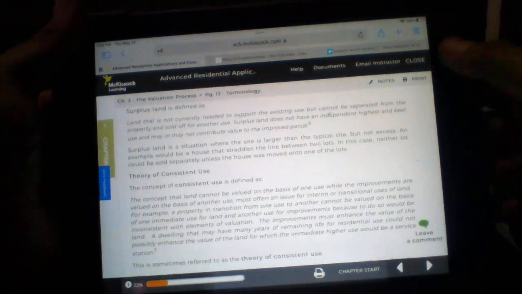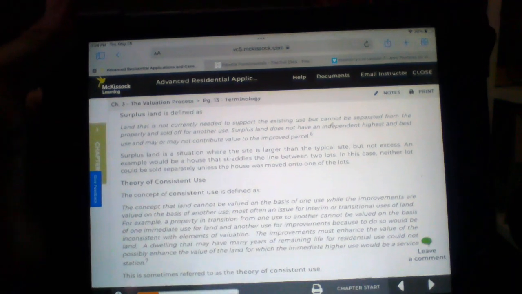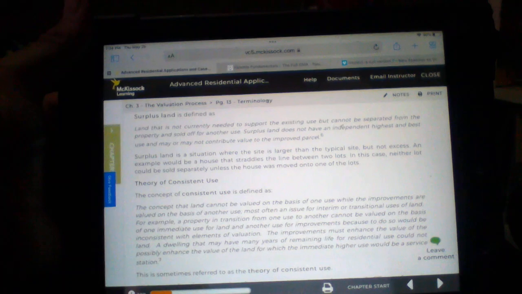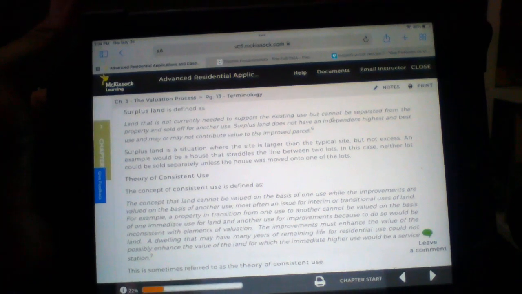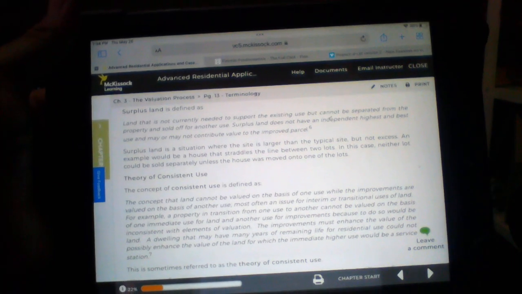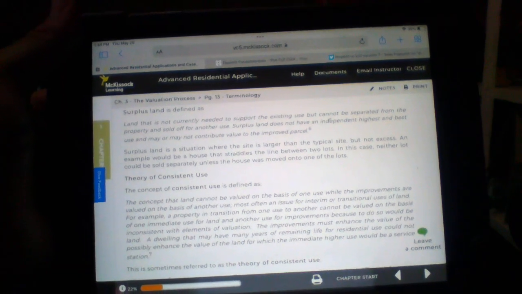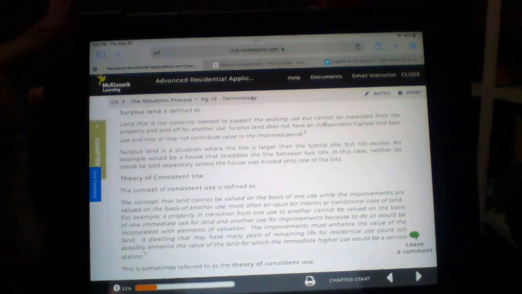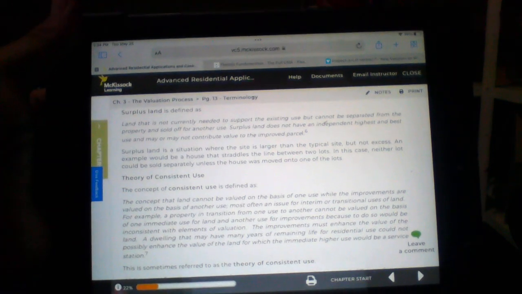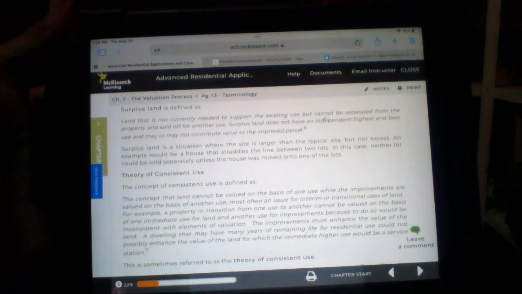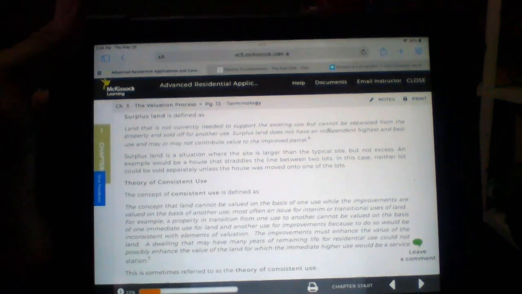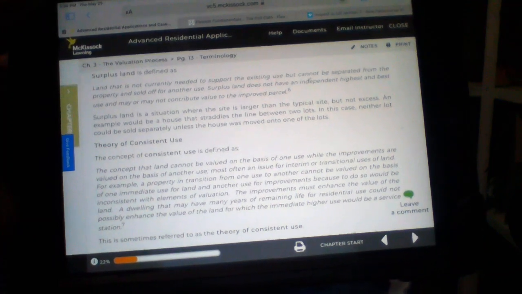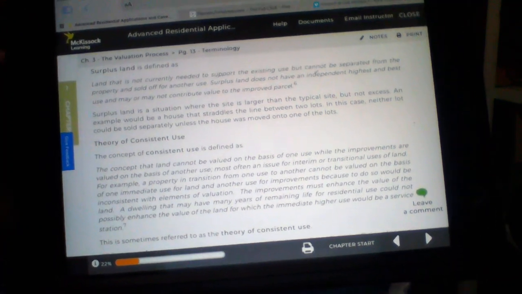Surplus land is defined as land that is not currently needed to support the existing use, but cannot be separated from the property and sold off for another use. Surplus land does not have an independent highest and best use and may or may not contribute value to the improved parcel.